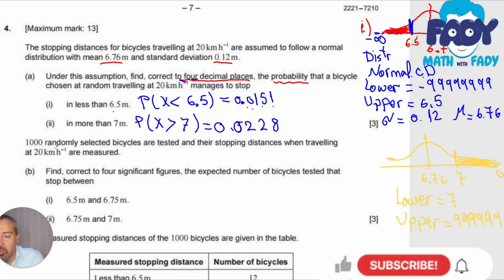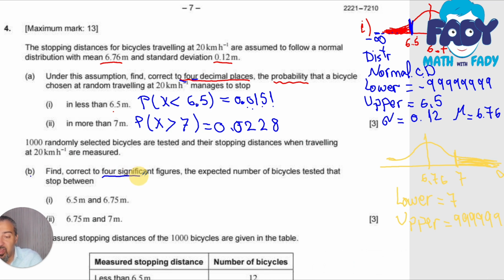Then 1,000 randomly selected bicycles are tested and their stopping distances when traveling at 20 km/h are measured. Part (b): find, correct to 4 significant figures, the expected number of bicycles tested that stop between 6.5 meters and 6.75 meters.